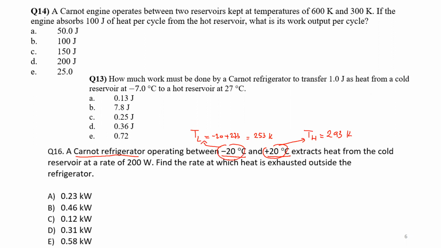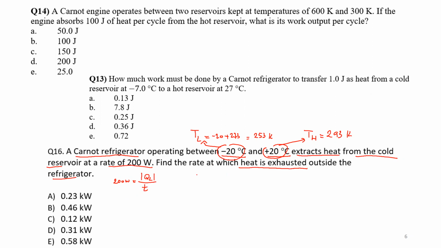So this Carnot refrigerator, which is an ideal refrigerator, is extracting heat from the cold reservoir at a rate of 200 watt. So this rate of 200 watt is just QL divided by T. This is the rate at which I'm extracting heat from the cold reservoir. Now, what's the question? Find the rate at which heat is exhausted outside the refrigerator.